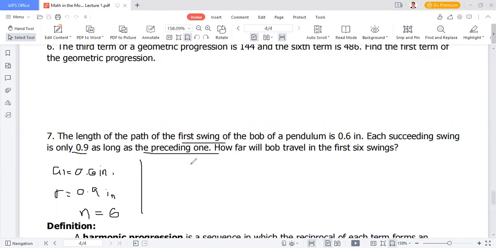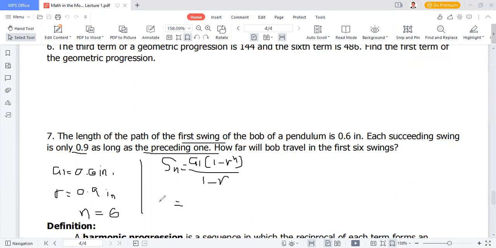So that will be S sub 6 equals, sulat ko lang muna, S sub n. S sub n equals a sub 1, 1 minus r raised to n all over 1 minus r.